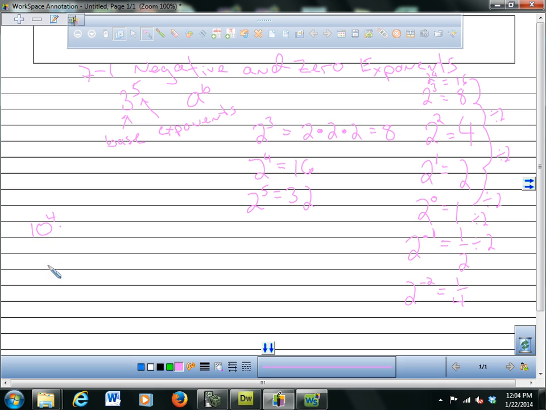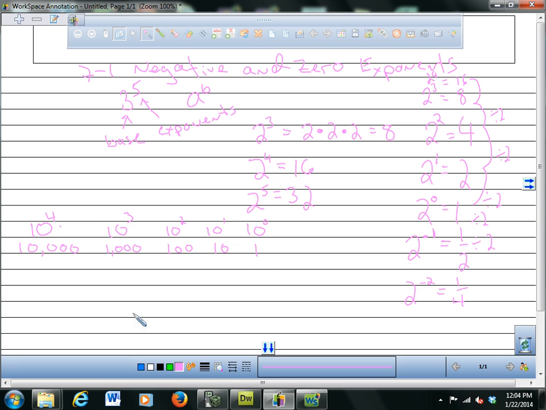It's 1 with 4 zeros after it, right? 10 times 10 times 10 times 10. What would be 10 to the 3rd power? 1,000. What would be 10 to the 2 power? 100. What would be 10 to the 1 power? 10. What would be 10 to the 0 power?